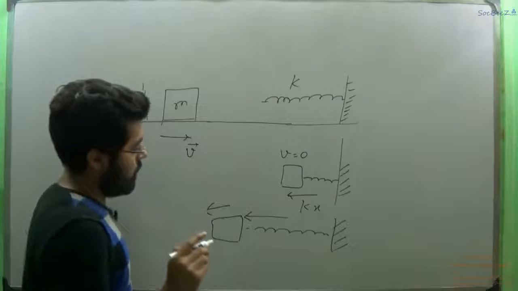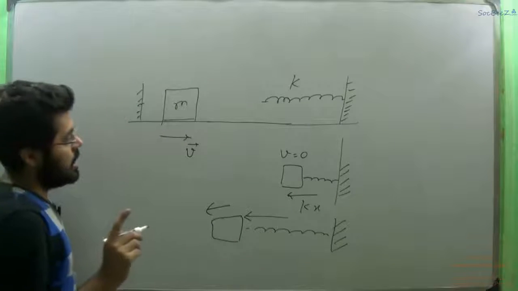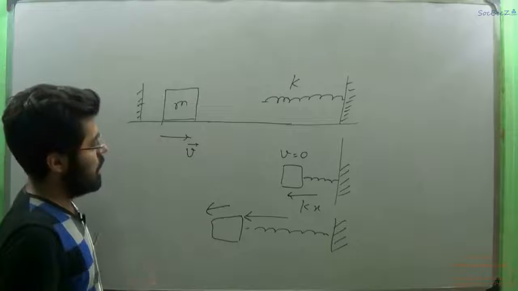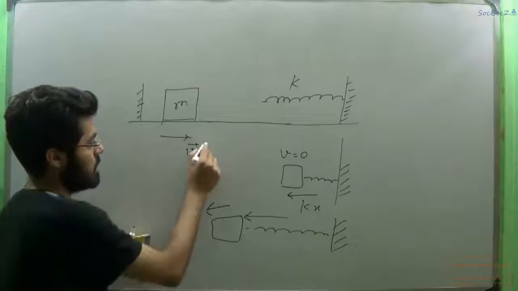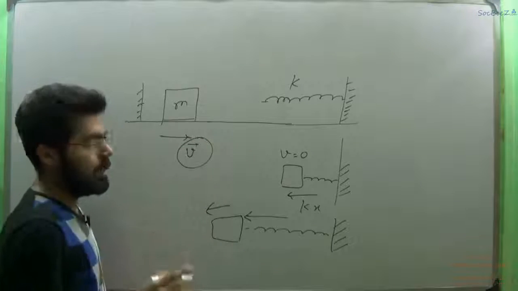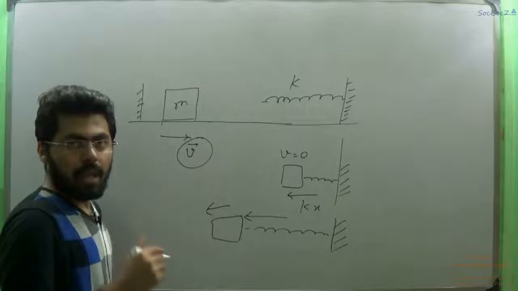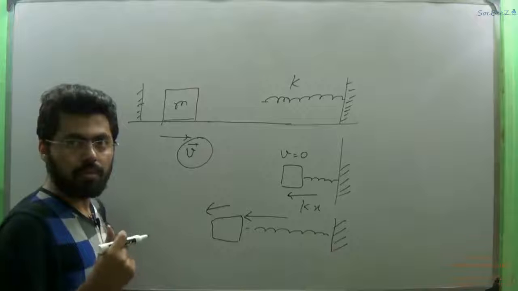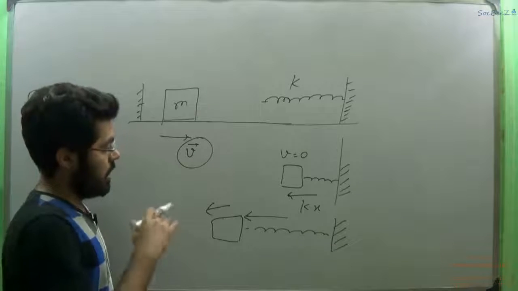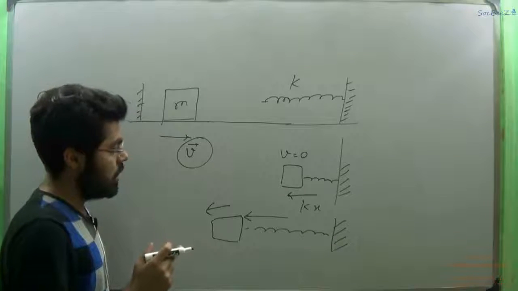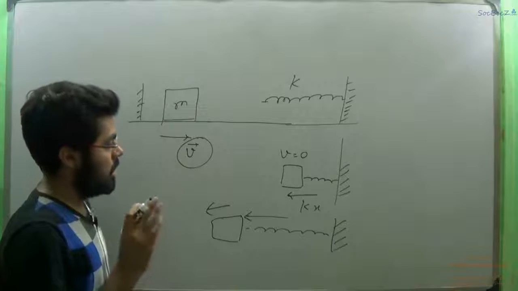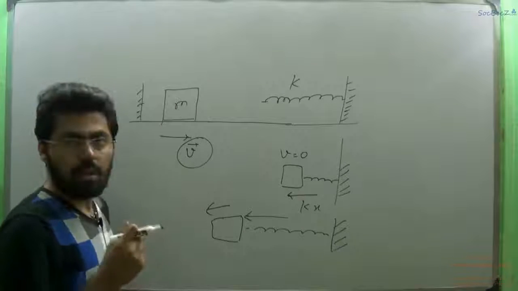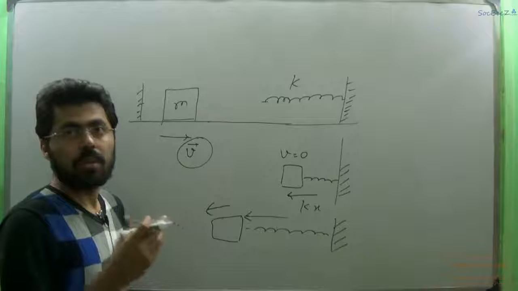Now I ask you a question: will this velocity be the same as this, or will it be different? Now your task is to first calculate it yourself, and then I will give you the solution and you can match whether your result was correct or not.